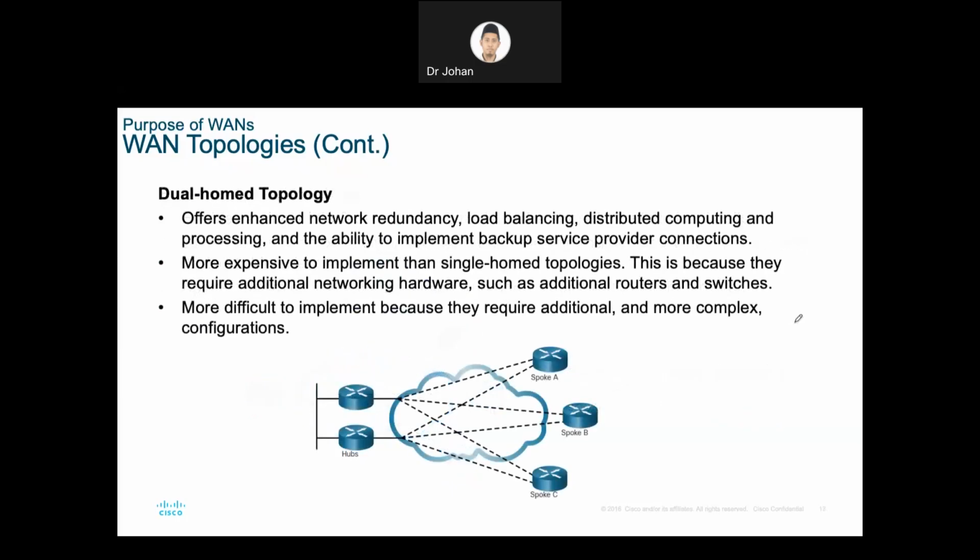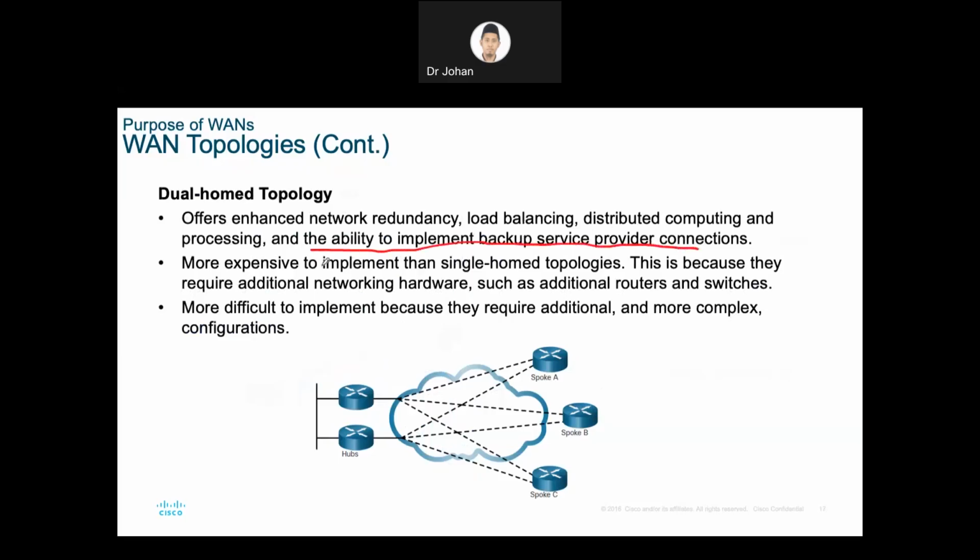Another topology is the dual-homed topology. It offers enhanced network redundancy, load balancing, distributed computing and processing, including the ability to implement a backup service provider connection.